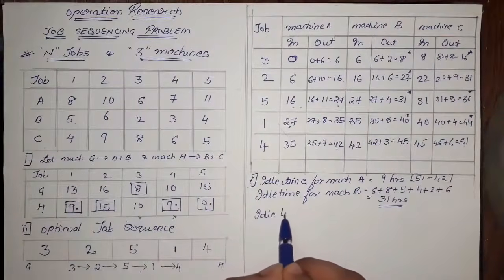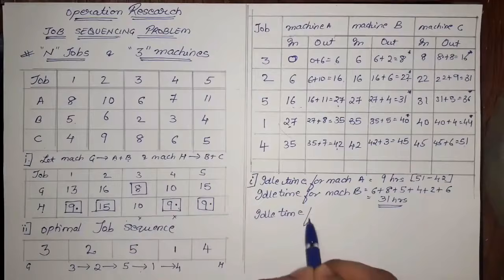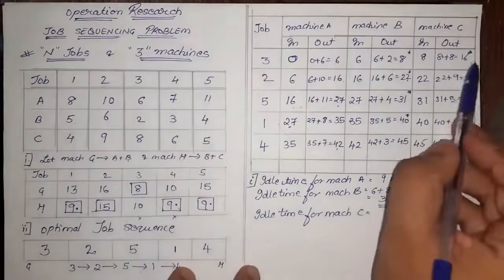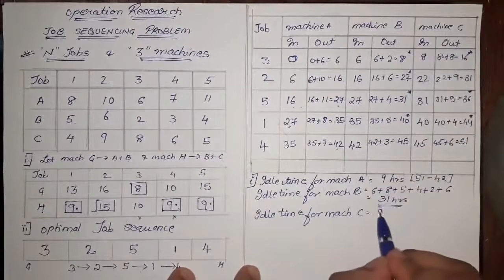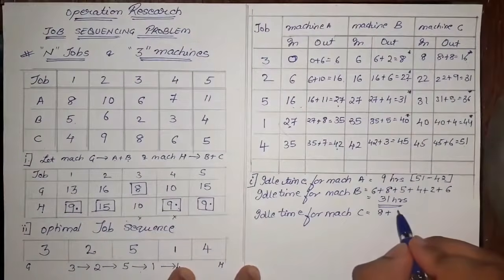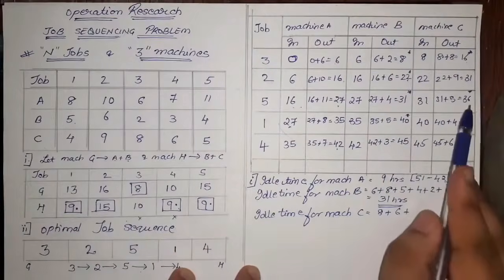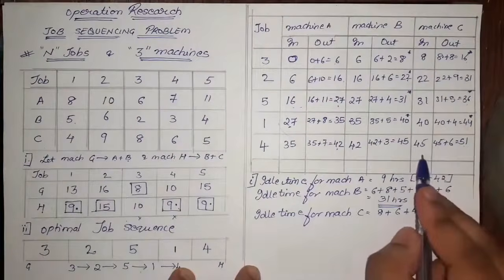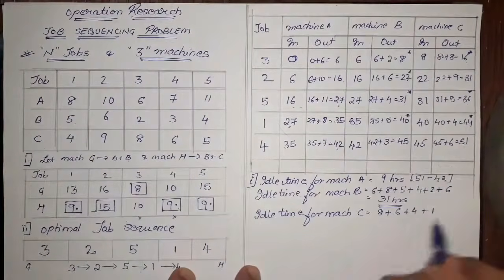Now idle time for machine C. Machine C started only at 8 hours. The first 8 hours were idle. 16 to 22, so we have 6 hours idle. 36 to 40, that is 4 hours, and 44 to 45, that is 1 hour.